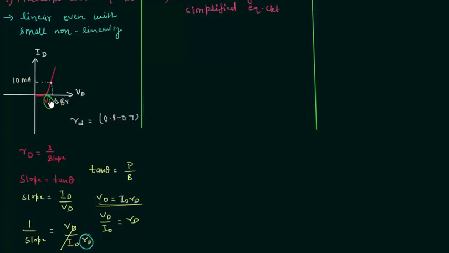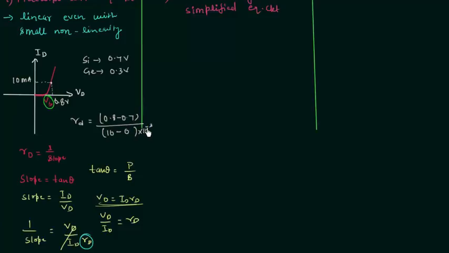The barrier potential in case of silicon is 0.7 volts, and in case of germanium it is 0.3 volts. So we have 0.8 minus 0.7 divided by the current, which is 10 milliampere at 0.8 volts and 0 milliamperes at 0.7 volts.